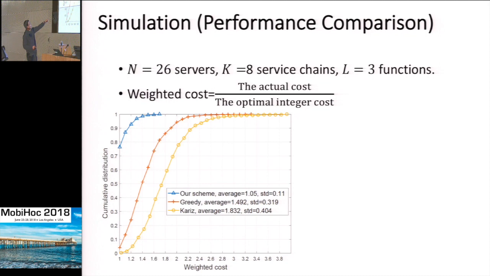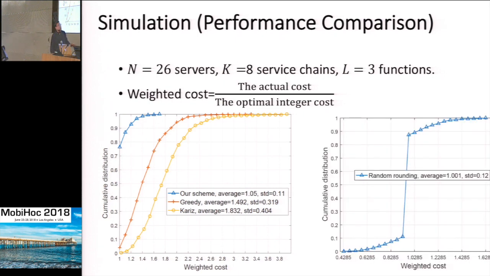As you can see, because we try 1,000 instances, most of our scheme quickly converges to 1 with this type of cost. After 1.4, it is already very close to 1. However, if you use the greedy scheme or the carrot scheme, you can see that a lot of them have much higher weighted cost.